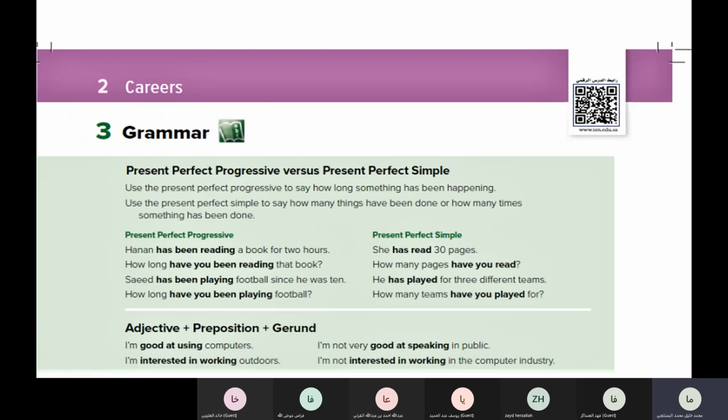Good. So here we use the present perfect progressive to talk about an action or situation that began in the past, continues up to now, and may continue what? In the future. Good.